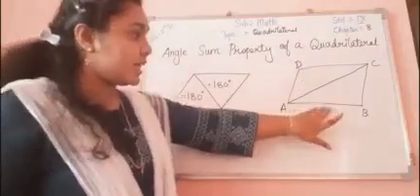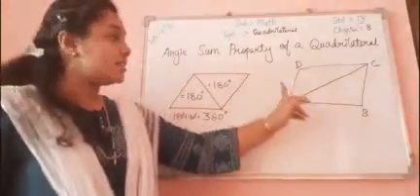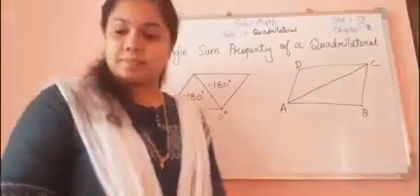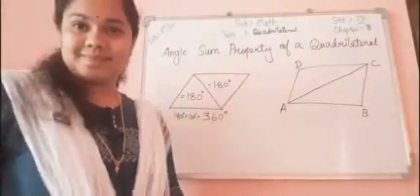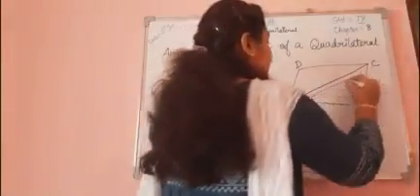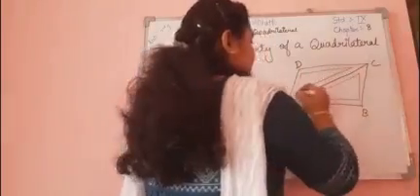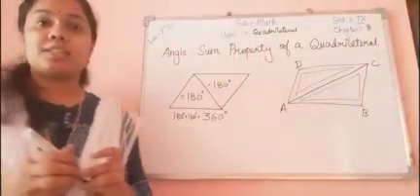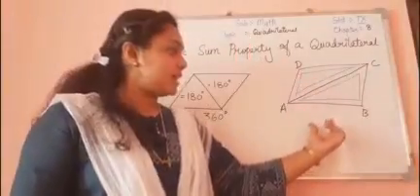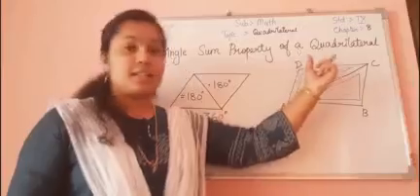One is triangle ABC and another is triangle ADC. You can see two triangles over here.